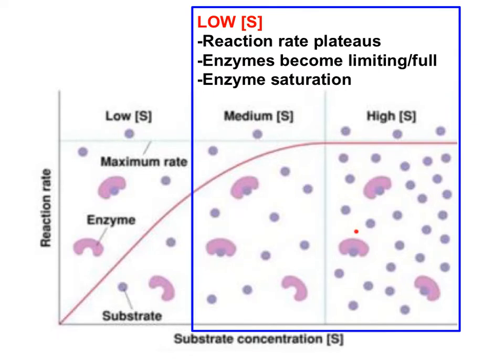This is because all of the enzymes right here are full and they're working as fast as they can. As soon as the enzyme spits out this product and becomes empty, there are so many substrates that can fill that active site and do the next reaction. A substrate is within immediate reach for the next reaction.